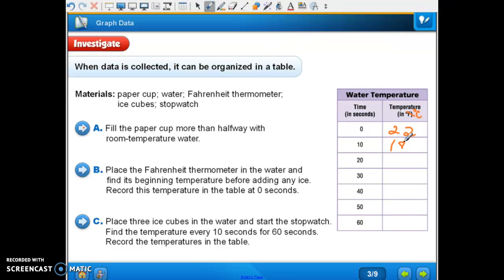I'm going to go ahead and start my stopwatch. And we're going to look again, and it's now about down to 14 degrees Celsius. And I'll start my stopwatch again.